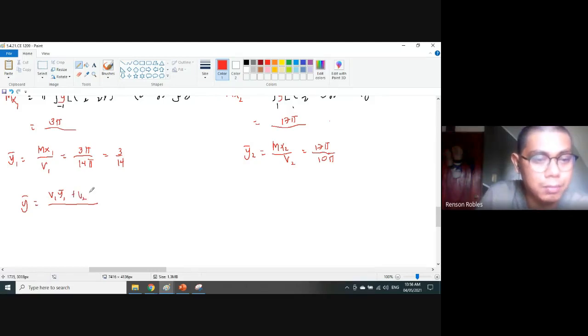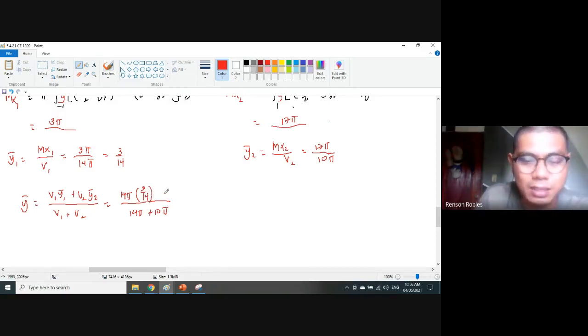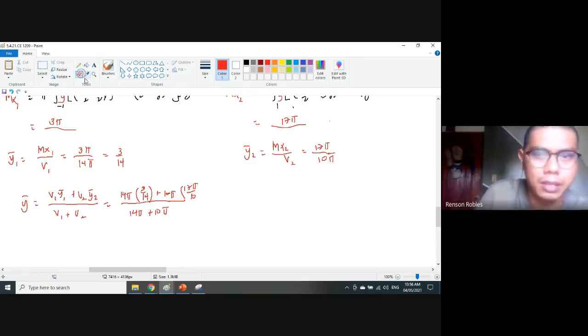Then we now compute for bar y, which is v1 bar y1 plus v2 bar y2 all over v1 plus v2, equals 14 pi plus 10 pi. V1, 14 pi times y1, it's 3 over 14. Actually, you may not include pi anymore kasi at the end it will be cancelled out, plus v2, 10 pi times 17 over 10.